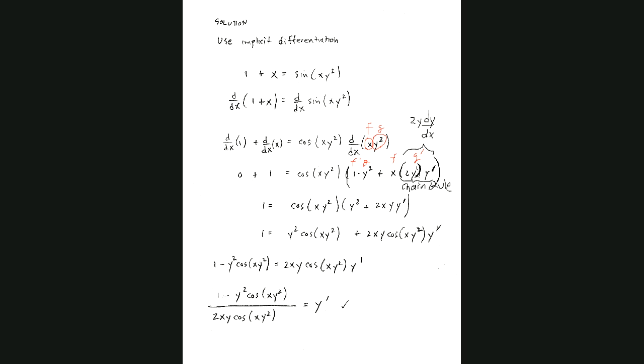Okay, and so 1 will equal the cosine of xy squared times y squared plus 2x times y prime. All right, this is the first power here. And we can solve that for y prime. This is just algebra. I'm going to get the y prime by itself by subtracting over to the left the y squared cosine xy squared. And then I'll get the y prime.